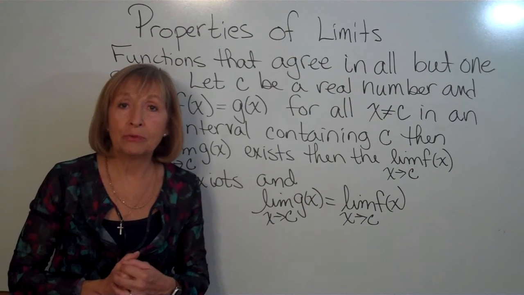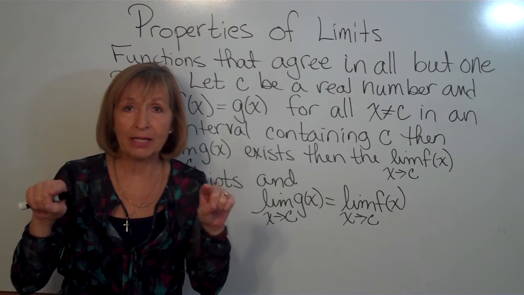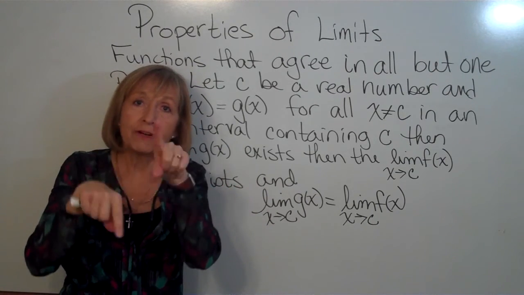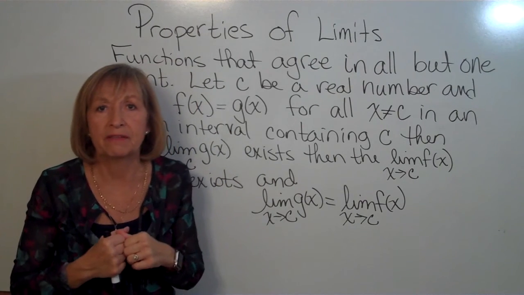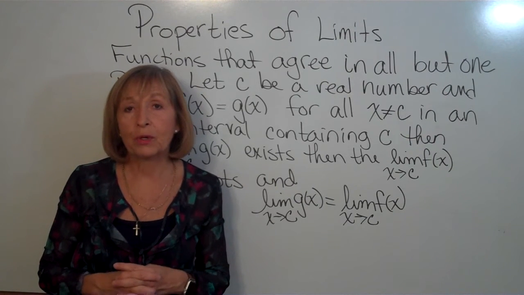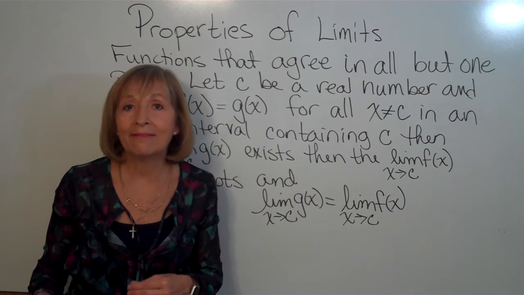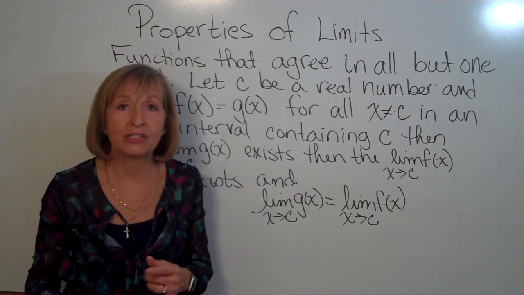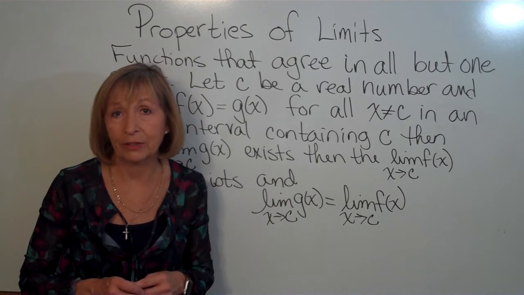Another way that a limit might not exist is if it has oscillating behavior. As you get closer and closer to it, the function just kind of bounces between values. It doesn't come in towards a specific value. And the third situation where a limit might not exist is if the left side limit does not match the right side limit as x approaches a value.